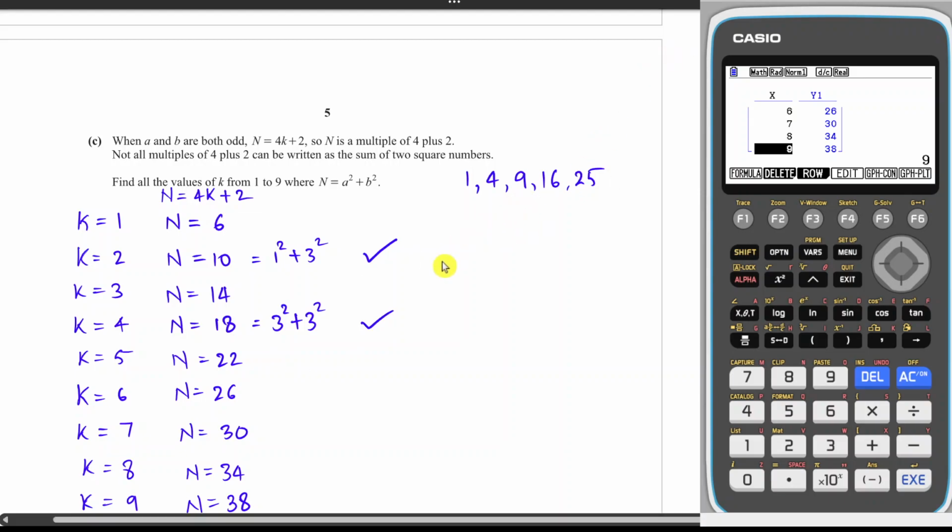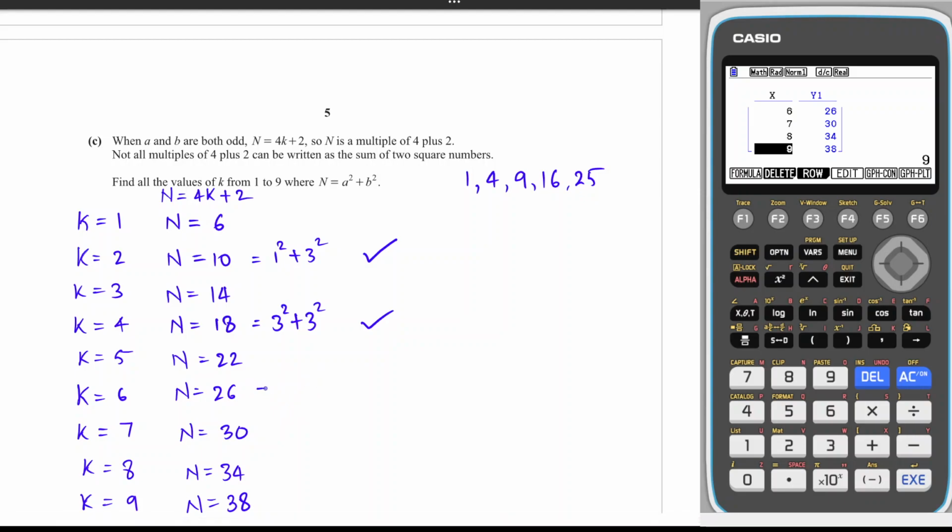22, I'm not going to get 22 also. You can just try different combinations. Say if I just start with 1, so 1 plus 21, then 4 plus 18, 9 plus 13, 16 plus 6. No, so this won't work. 26, I think this works. This is 1 plus 25 or 1 plus 5 square. So this is also one value.